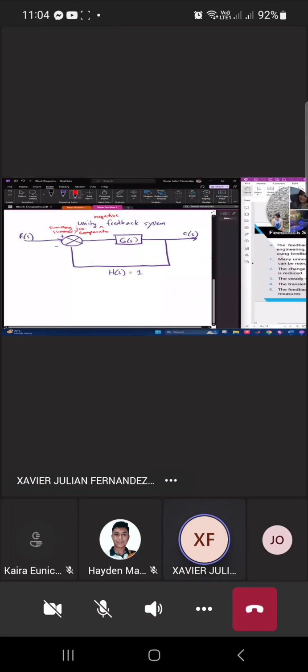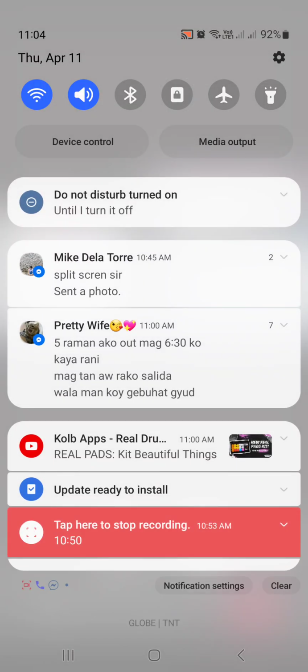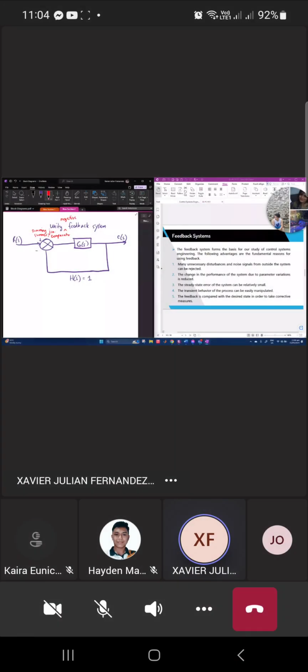So, many unnecessary disturbance and noise signals from outside the system can be rejected. The reason is this. Let's say for example, we have a disturbance. When we introduce a disturbance or noise, we pass it through a summer.